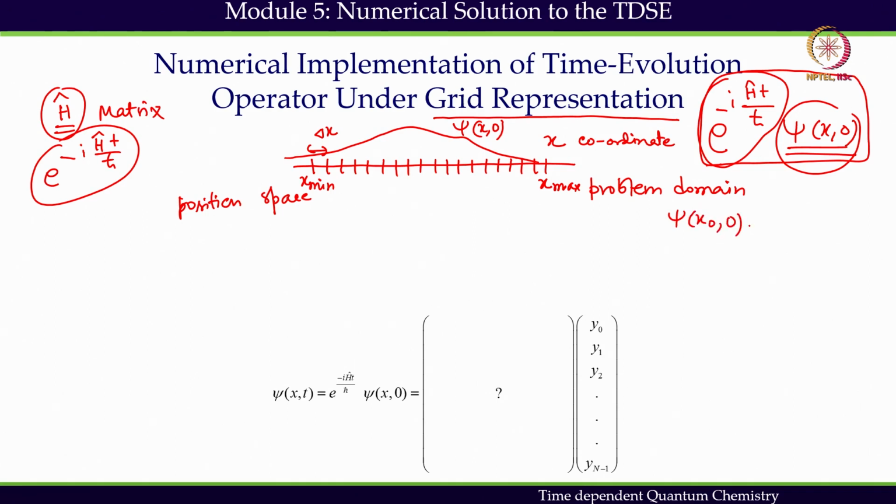The first point is x 0, then x 1, and so on, up to x n minus 1 if I have n grid points.